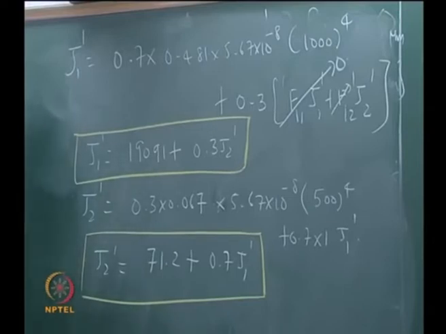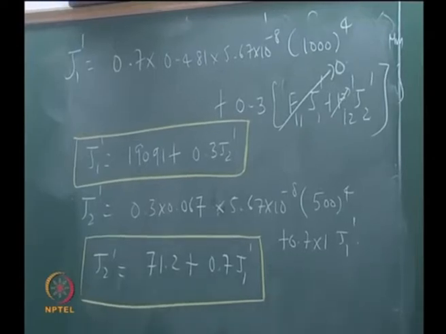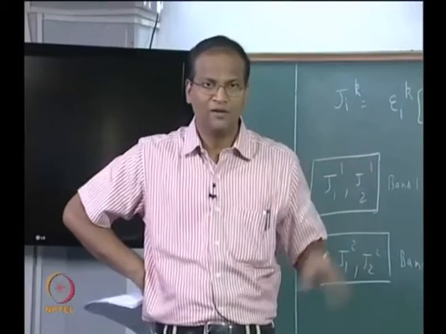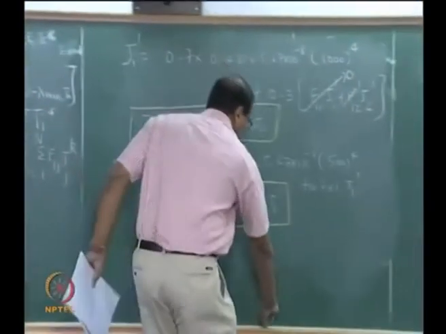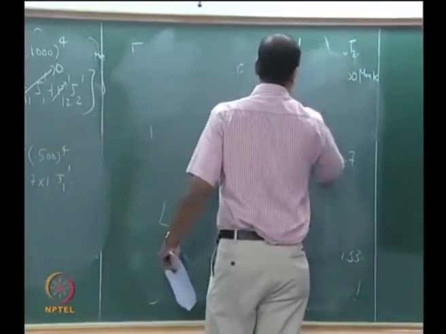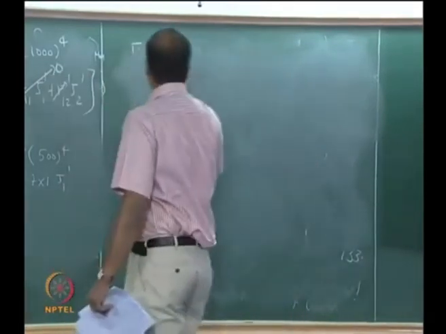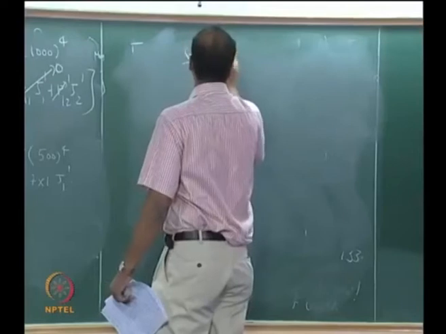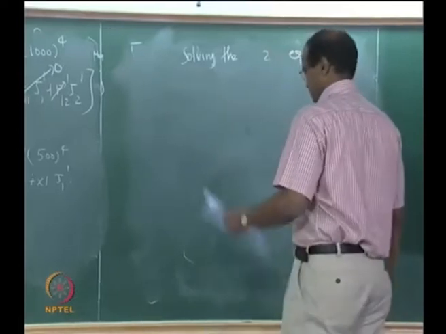That 0.3 into 0.06 and everything is fine. I did it last night, so I have not checked it again. It could be wrong. Is it fine? Both are fine. Solve for J1 J2 of 1, that is band 1. Solving the two equations.